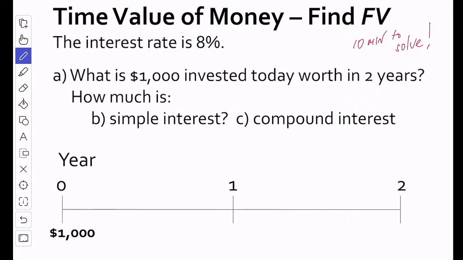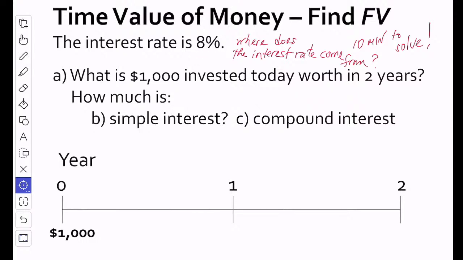Okay, so I'm going to write that down here because we have less than an hour, and I want to talk about this more. So it's been identified that that's the interest rate for this investment.